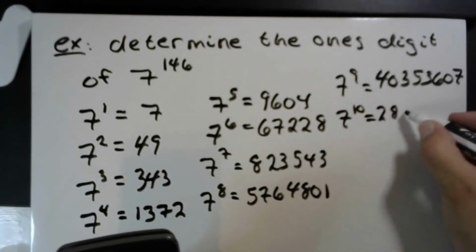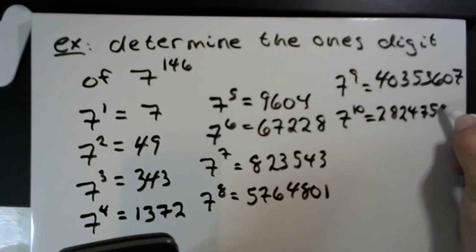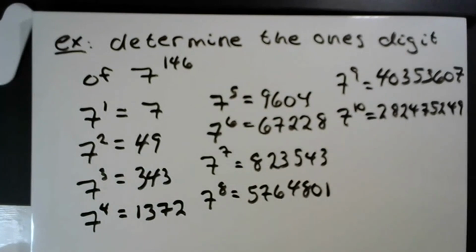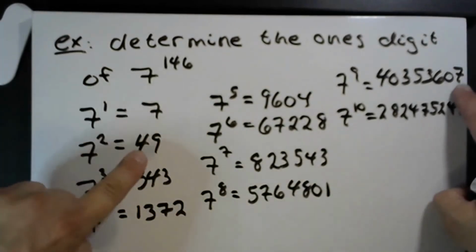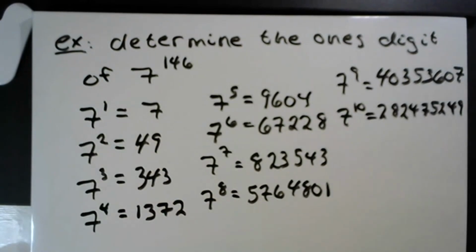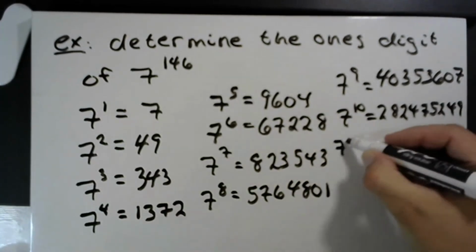Now hopefully we're seeing something. 7, 7, 9, 9. Maybe this is repeating. 7 to the 11. Right, really small.